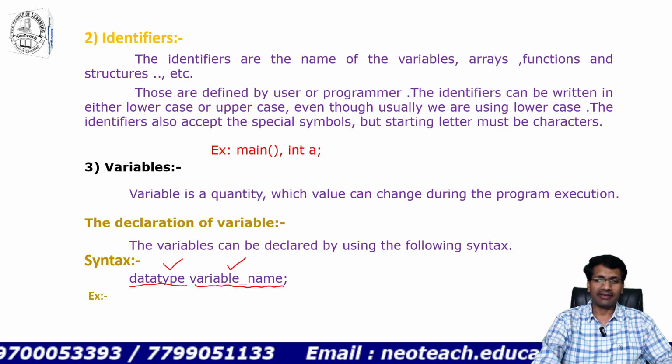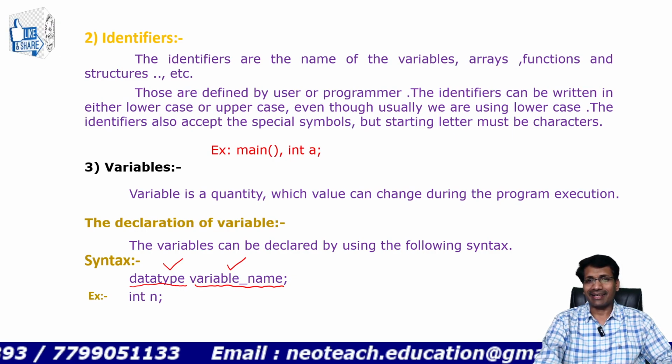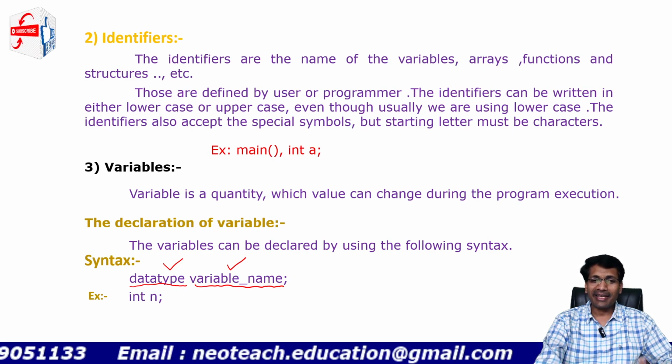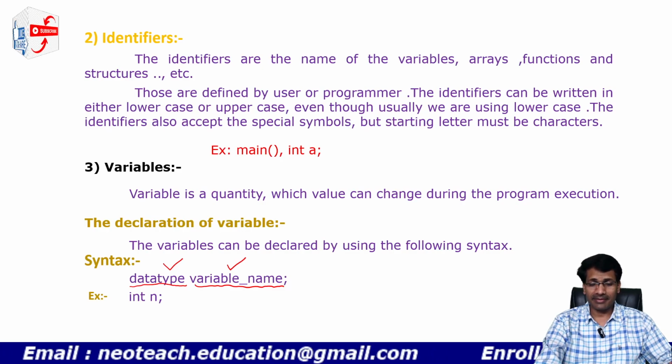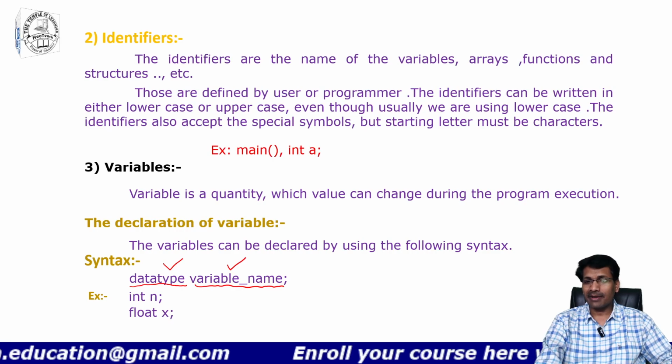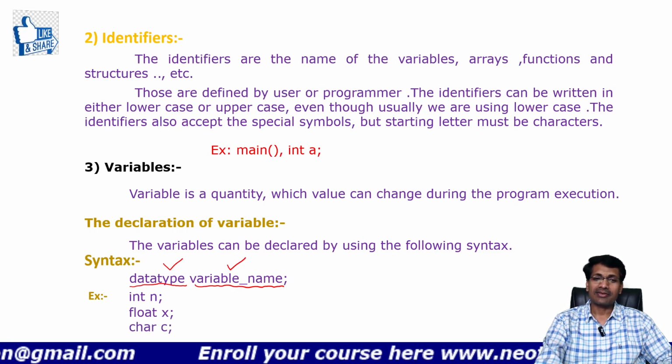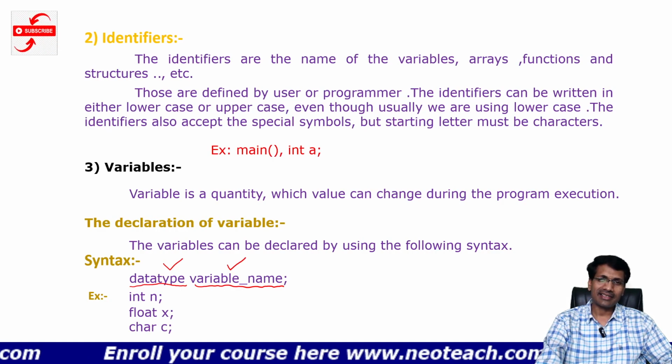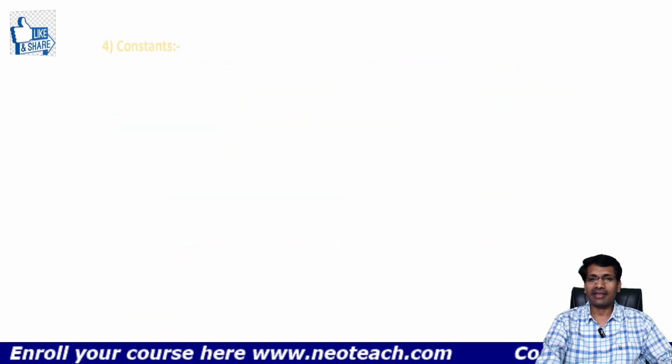Examples: integer n, where integer is the data type and n is the variable name; float x, where float is the data type and x is the variable; and character C, where character is the data type and C is the name of the variable.